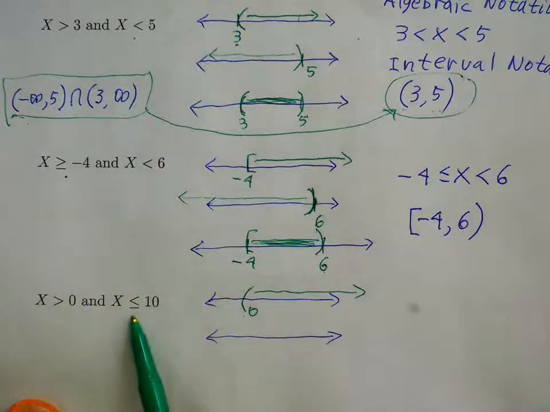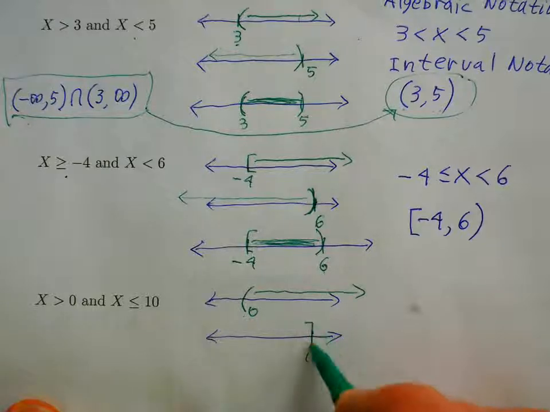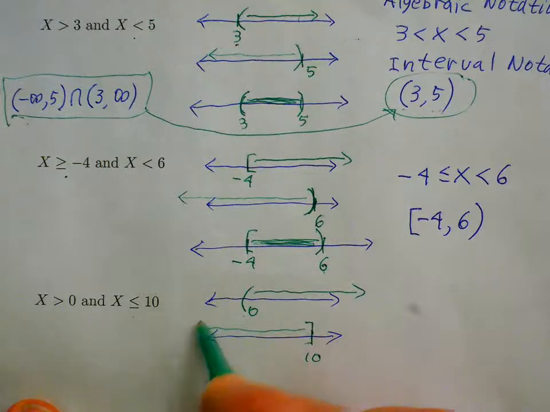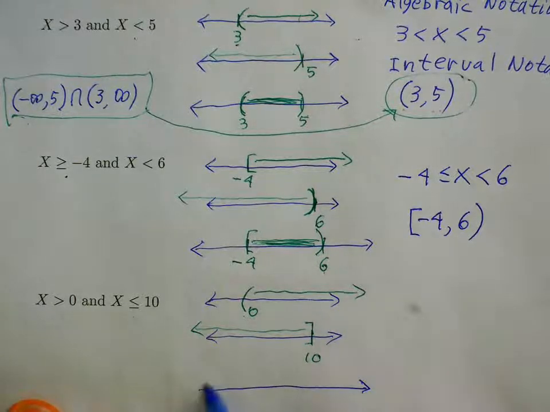If x is less than or equal to 10, bracket at 10 and shade to the left. And the overlap, so the numbers 0 and 10, we have a parenthesis at 0, a bracket at 10, and we shade everything in between.